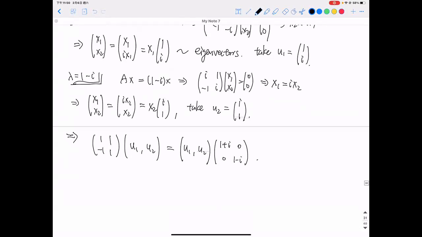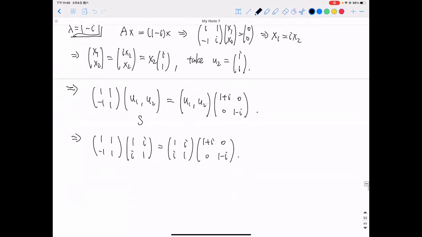And again, this is supposed to be S. S is, to be more precise, [1, i; i, 1]. So we have [1, i; i, 1] times [1 plus i, 0; 0, 1 minus i].